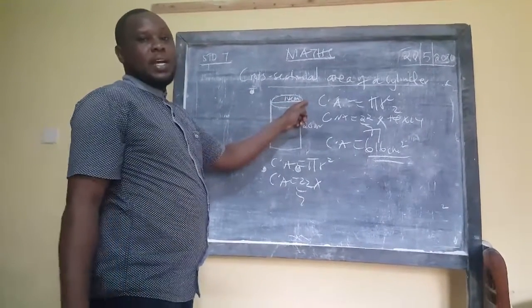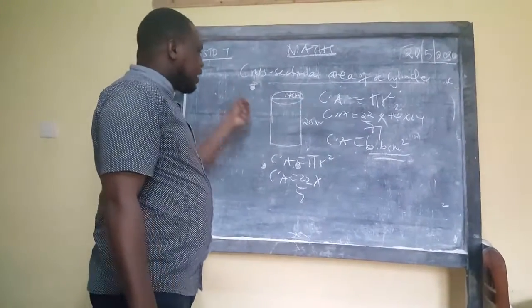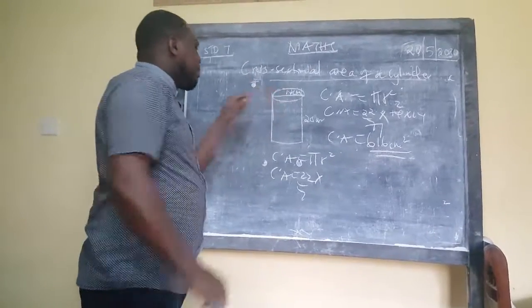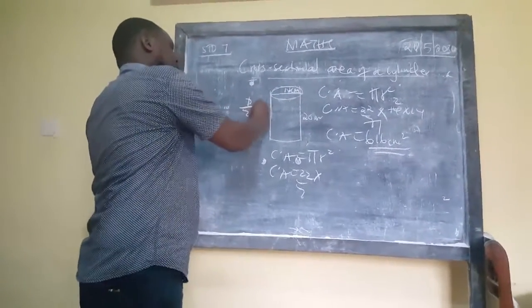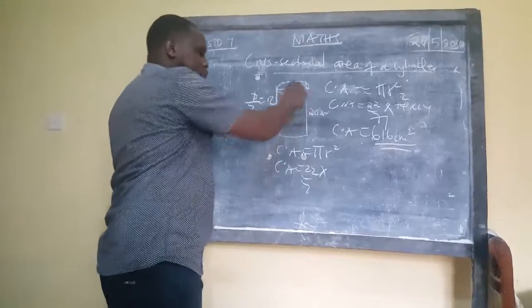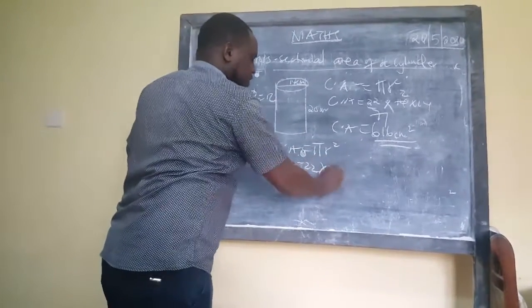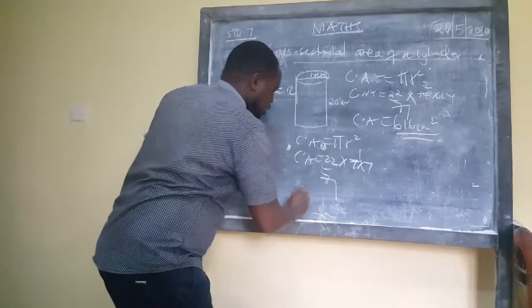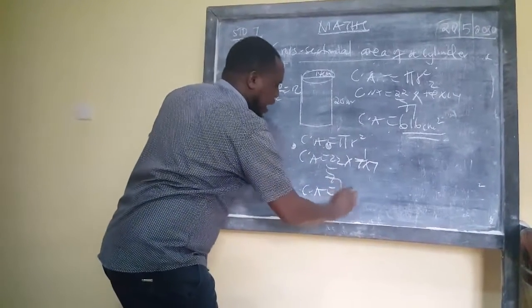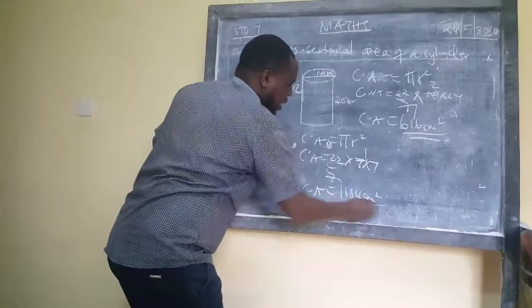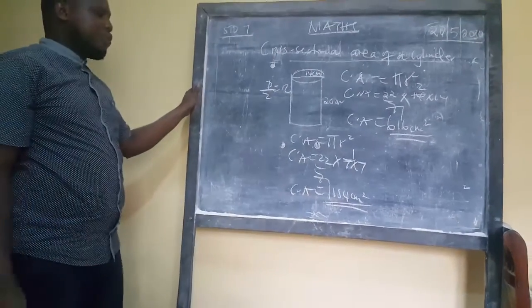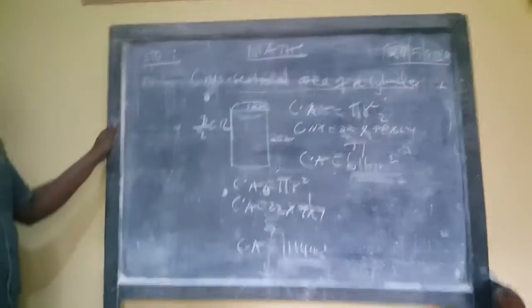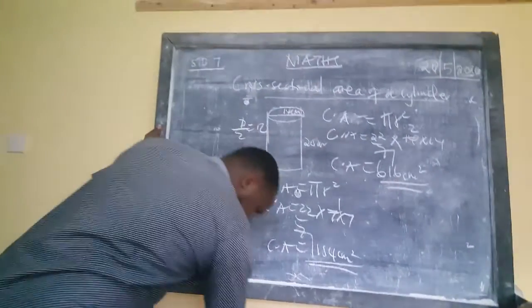Remember, this is diameter. So for you to get radius when you're given diameter, you get the diameter over 2. So divide this by 2, you get 7. So 7 times 7. Radius squared by 7, 1 by 7, 1. So the cross-sectional area is going to be 154 centimeters squared. So I think you have understood that, learner.